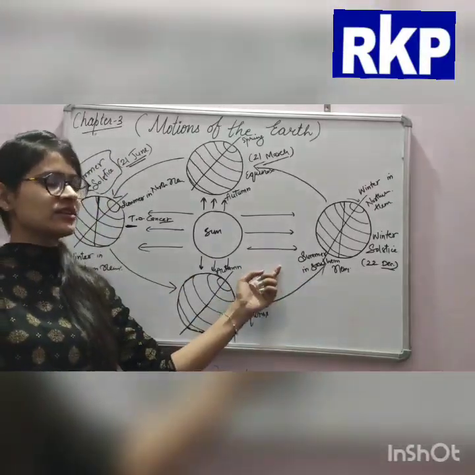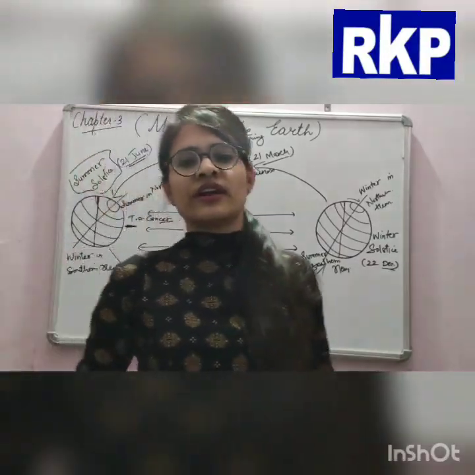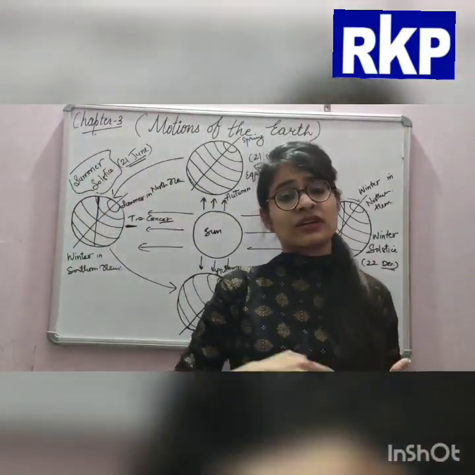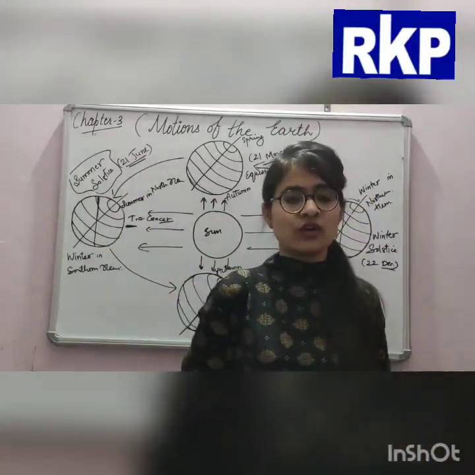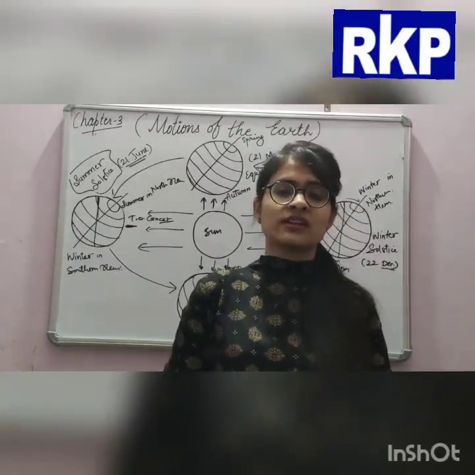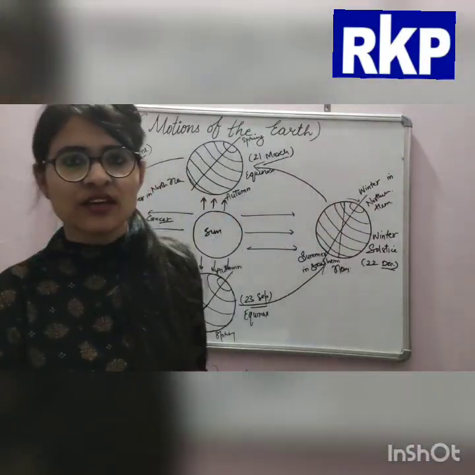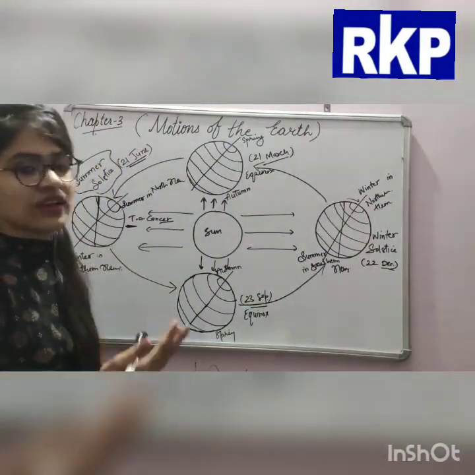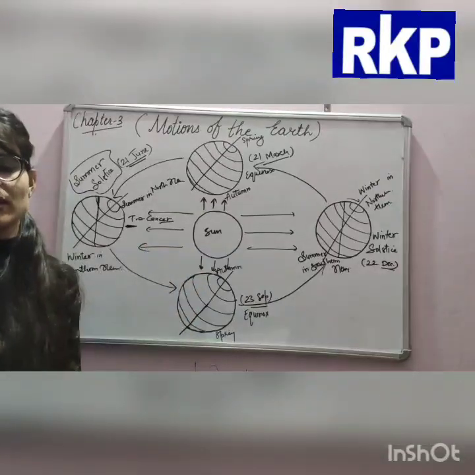When we are experiencing summer, they are just reversed to it. It means the opposite. If we are experiencing winter, they will be experiencing summer. So this reversal happens in the northern and southern hemispheres. This position of the earth is called winter solstice.